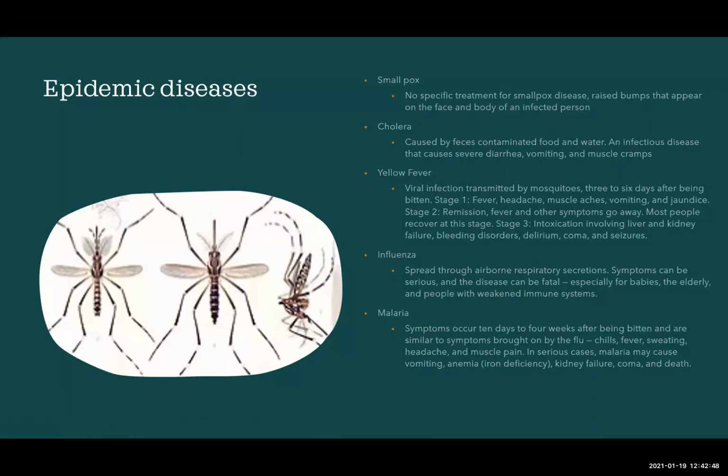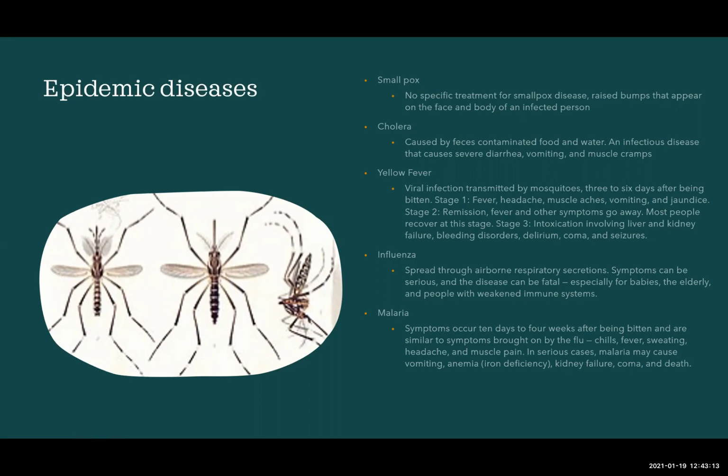So then there's those epidemic diseases such as smallpox. Cholera was huge. And of course, you've probably heard, especially in your intro to public health class, they talk a lot about cholera. Yellow fever was big in the United States. It is transmitted by mosquitoes.